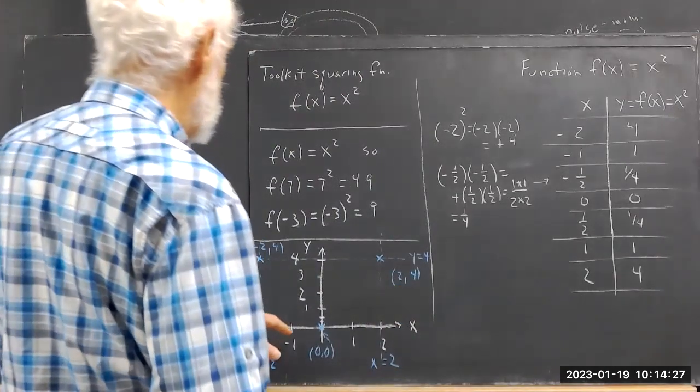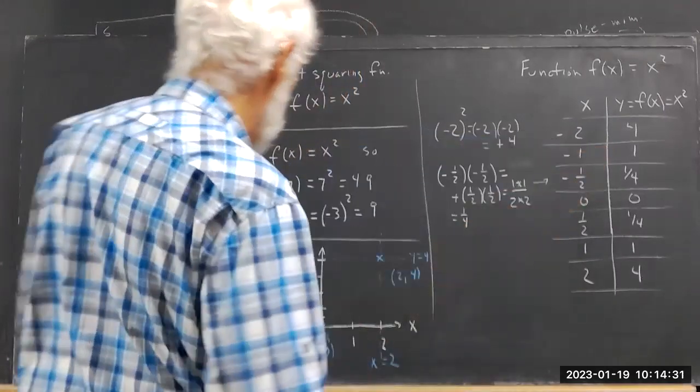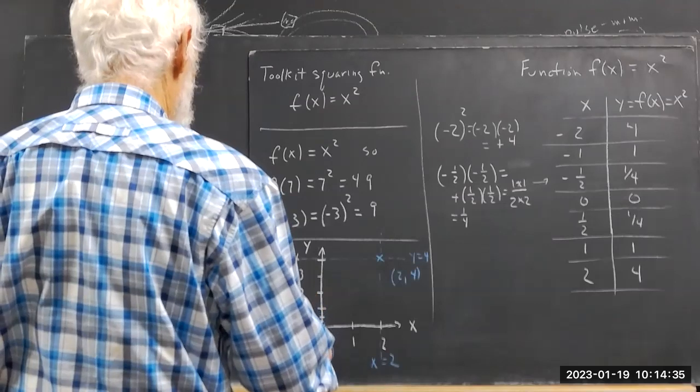Okay, now we've got -1, 1. Now I'm not going to label. Well, maybe I will.